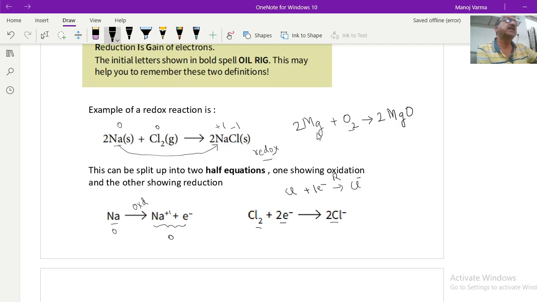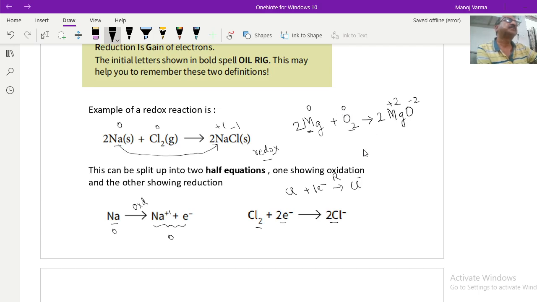Now see, once again here magnesium has a zero charge because it's free, it's not combined. But here magnesium is combined with oxygen. So here oxygen actually gains 2 electrons and magnesium loses 2 electrons. So it is in this form. Here again oxygen is 0.